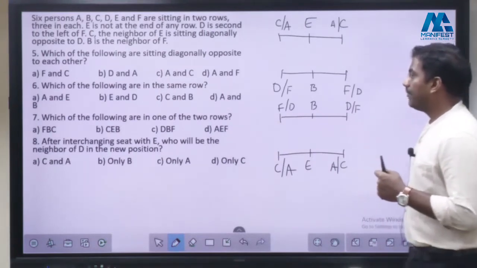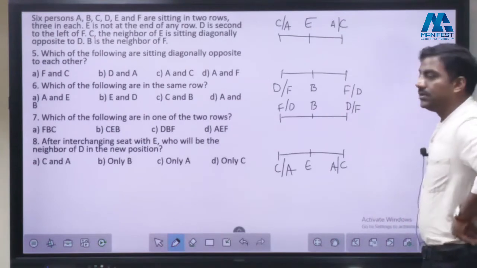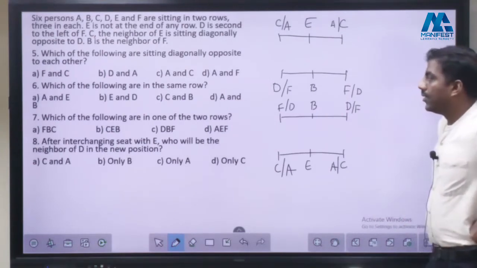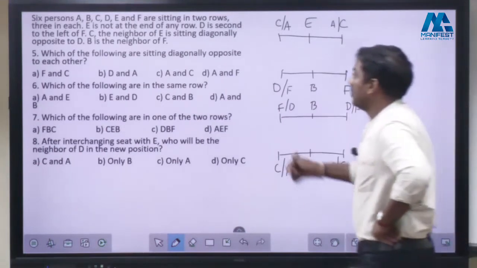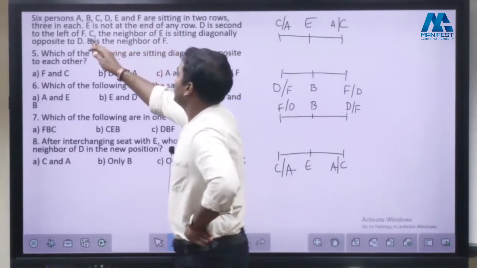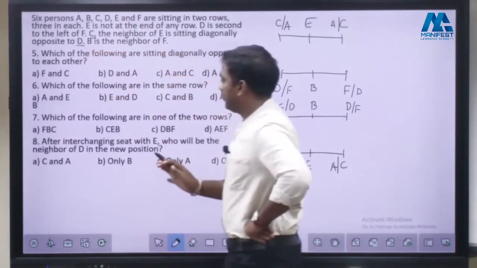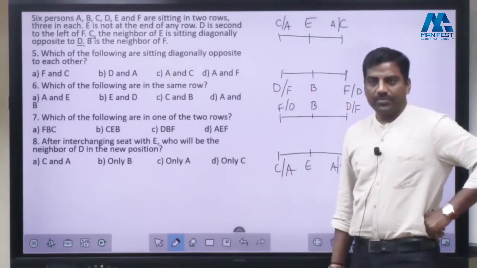Which of the following are sitting diagonally opposite to each other? F and C. D and C are diagonally opposite. They have already given. C is sitting diagonally opposite to D. So if C and D are fixed, who are left?